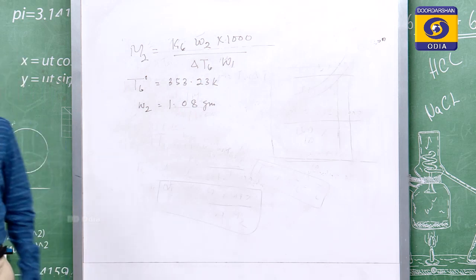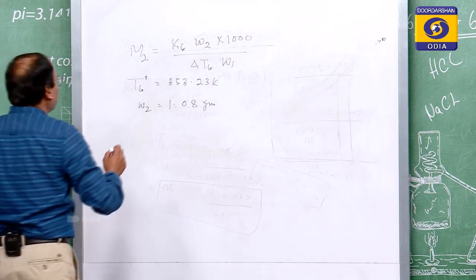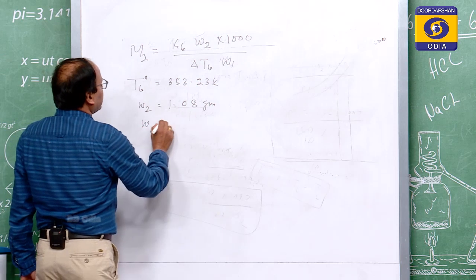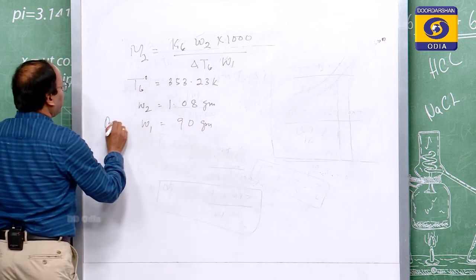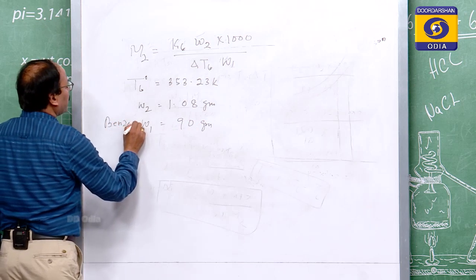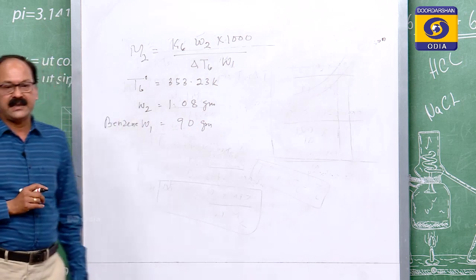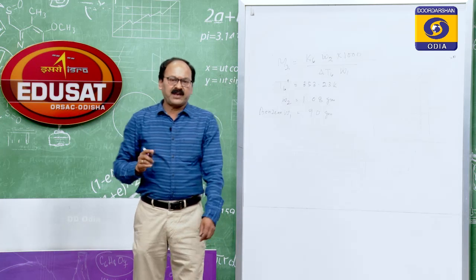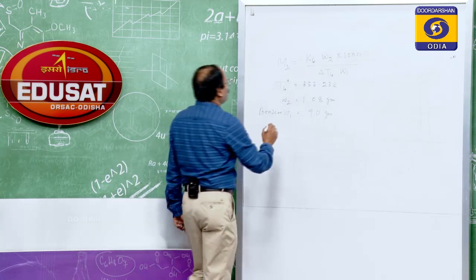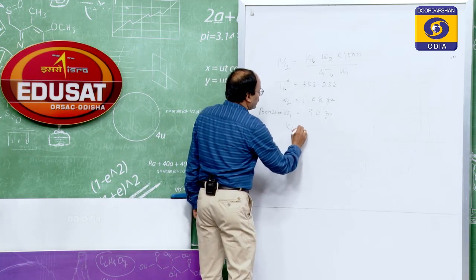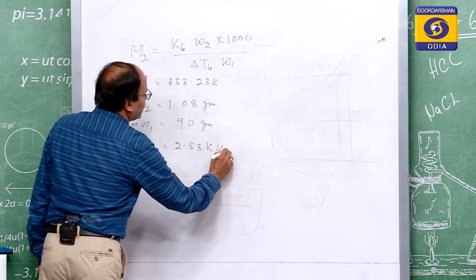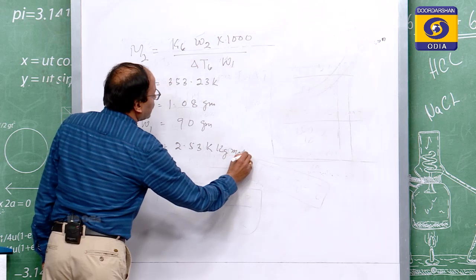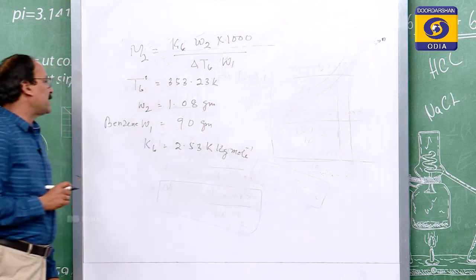It is dissolved in 90 gram of benzene, that is W1 is 90 gram of benzene. Benzene is the solvent. Kb is also given, Kb is 2.53 Kelvin kg per mole. As I have told you, this is the unit of the molar elevation constant. These are the data given.